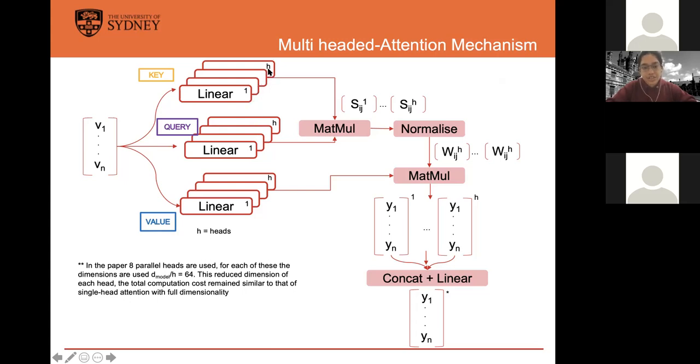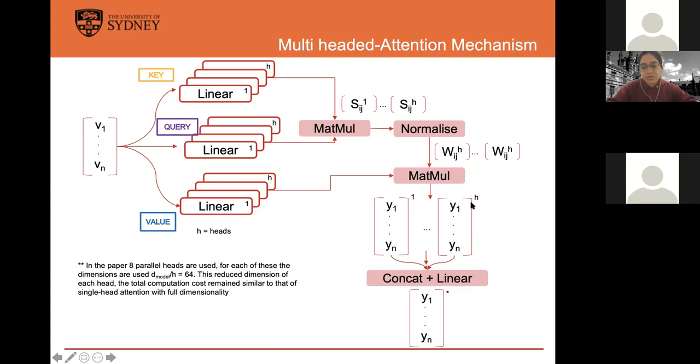So H keys, H queries, H values, and once you do the similar operation, again you will get the scores, but you will get H score matrices. Then again you do normalizing, you get H weight matrices, each should sum to one, and finally you get H output vectors with context, right?